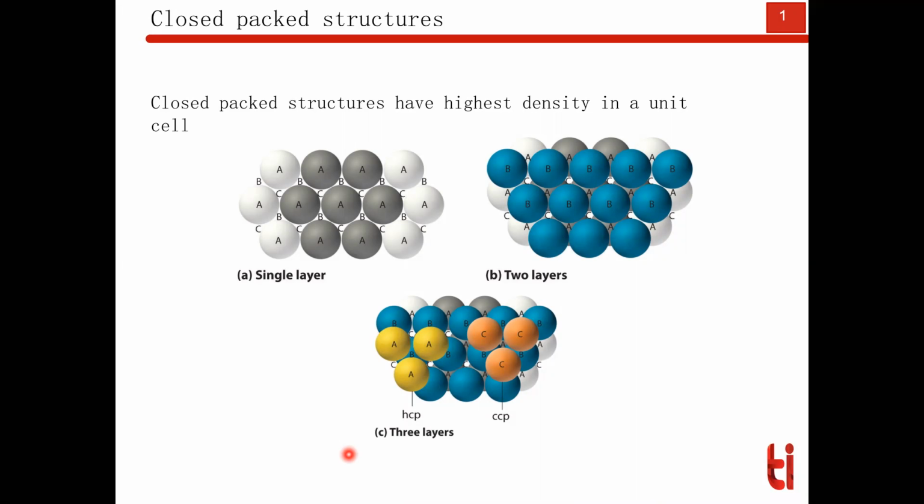In image A, the first one, I have only one layer of atoms, which is organized in a way that it makes a 2D lattice. So vis-a-vis its depth, there is only one atomic layer. Atoms are marked as A, while the valleys created between any three atoms are marked either as B or as C.